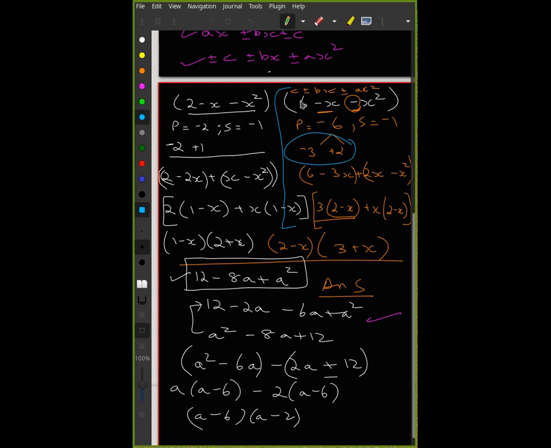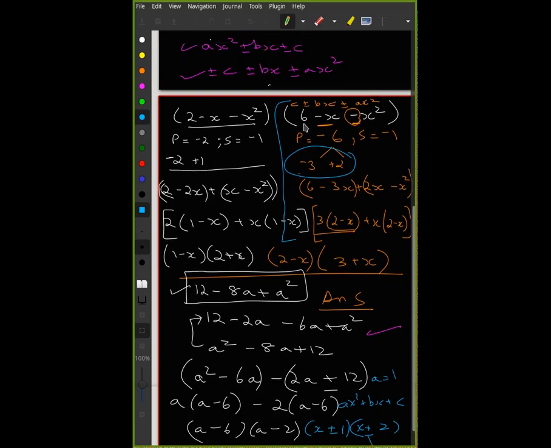What we're trying to say is whenever we have any sum as ax squared plus bx plus c, where a is equal to 1, whatever factors we get of the product can directly be put into x plus minus the first factor and x plus minus the second factor. Okay, I'll show you an example. Do you want to copy this down? Anyone wants to copy?